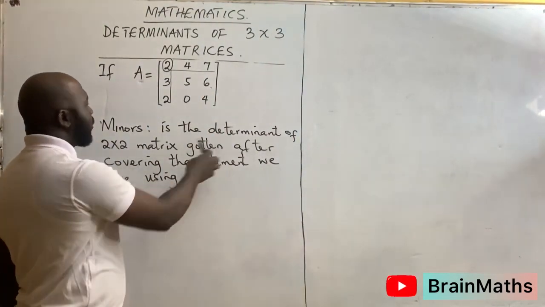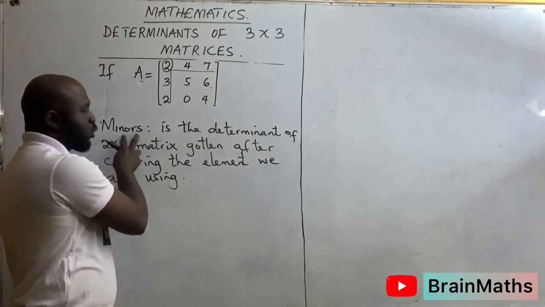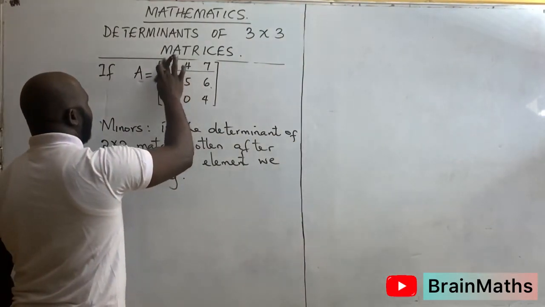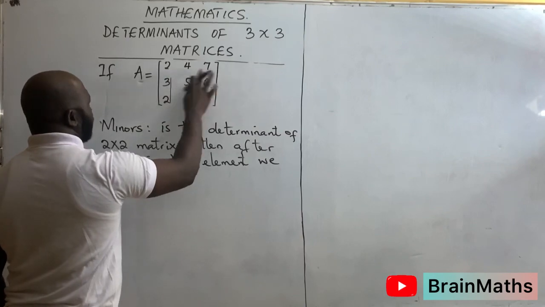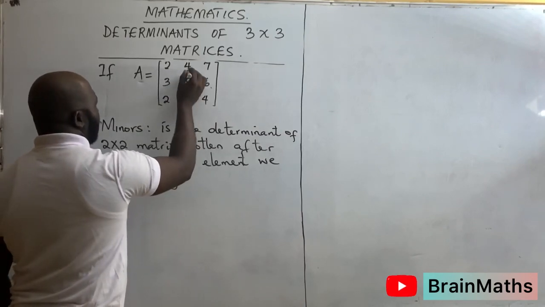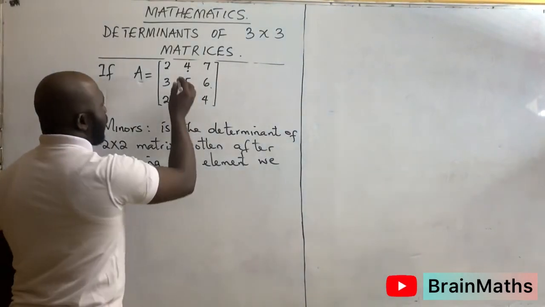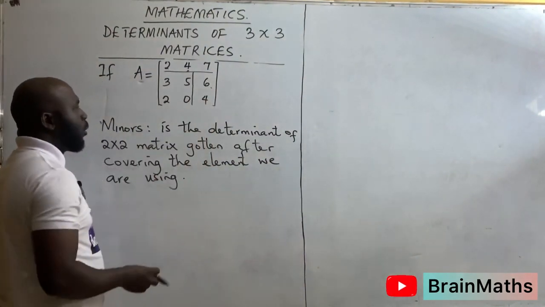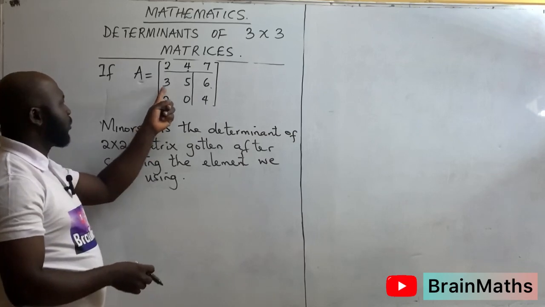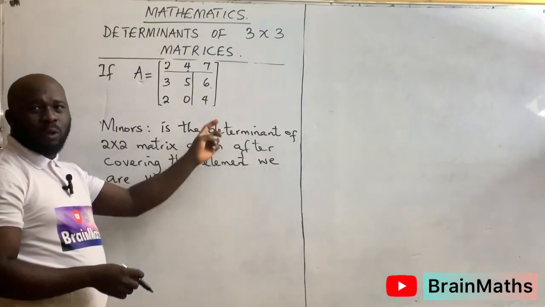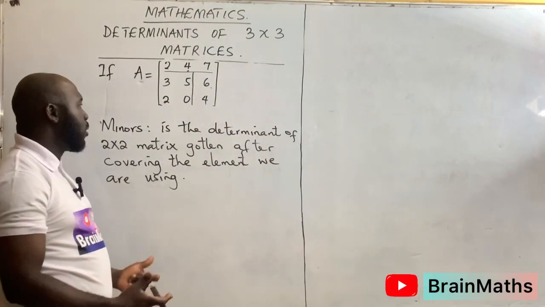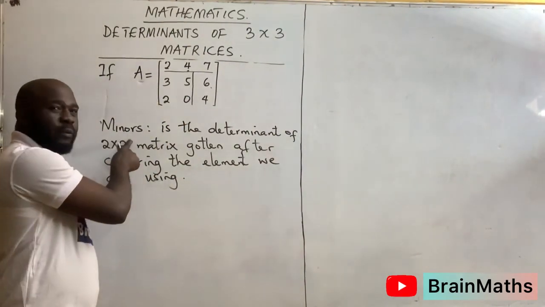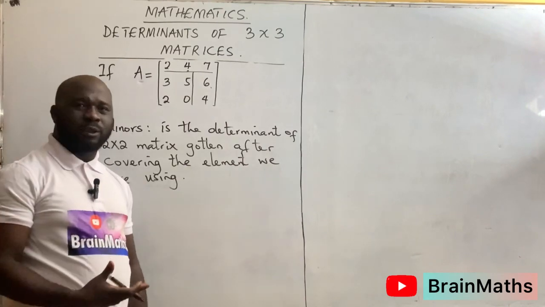The determinant of that 2 by 2 is what we refer to as the minor. If 4 is being used as an example, we cover the row of 4 and the column of 4. So what do we have left? We have 3, 6, 2, and 4, which gives us another 2 by 2. The determinant of that 2 by 2 is what we refer to as the minor.